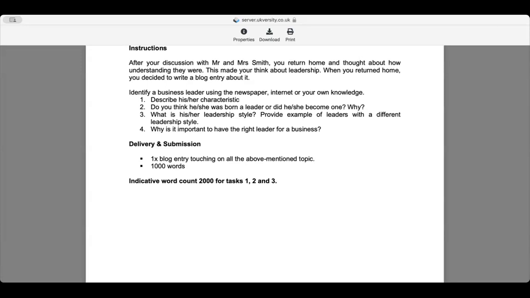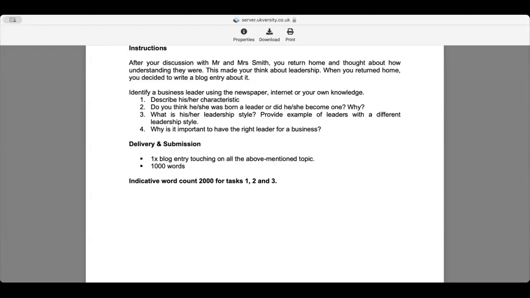Identify a business leader using the newspaper, internet, or your knowledge. Describe her or his characteristics. Do you think they were born a leader, or did they become one? Why? What is their leadership style? Provide examples of leaders with a different leadership style. Why is it important to have the right leader for a business?